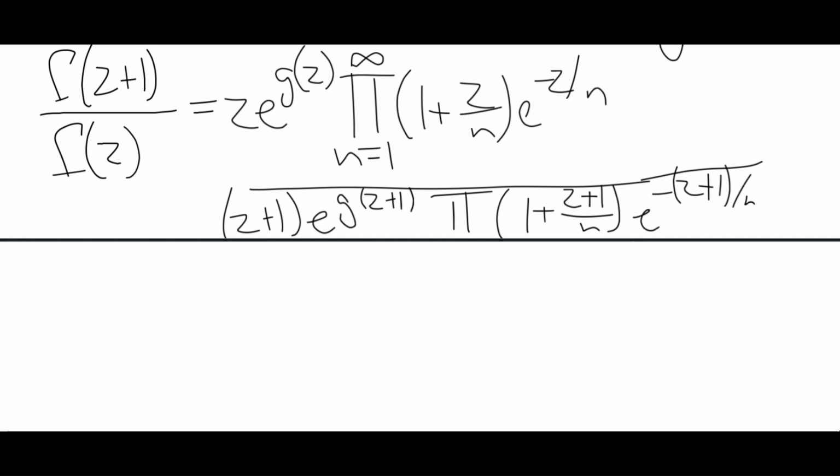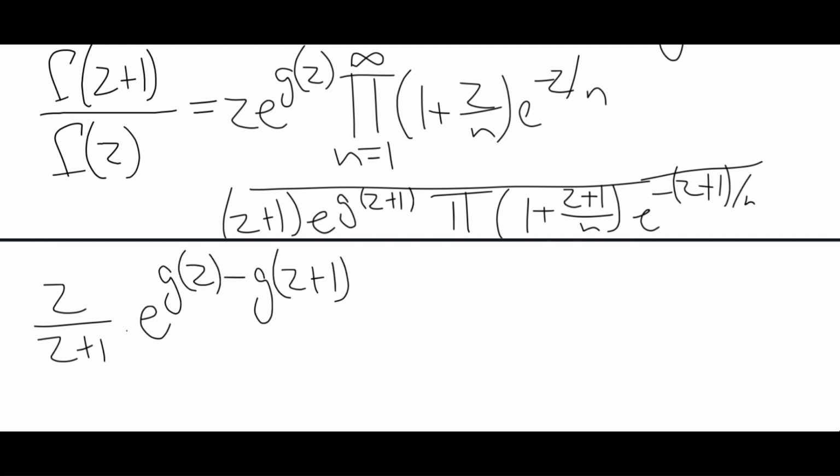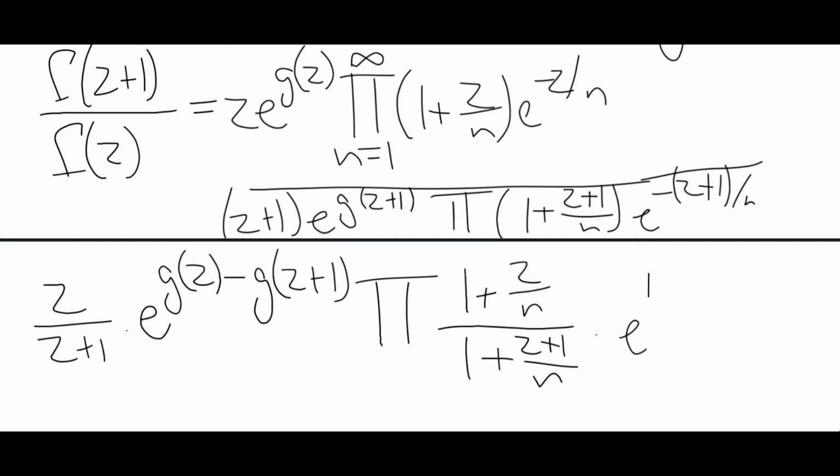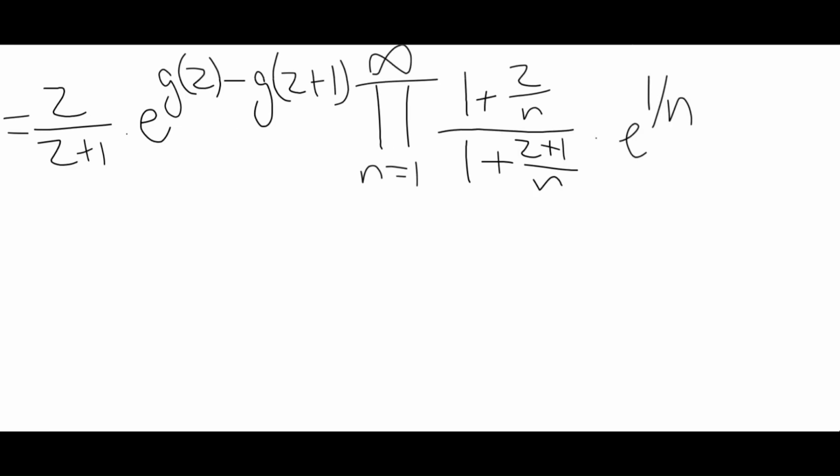So we'll end up with z over z plus 1 times e to the g of z minus g of z plus 1. And then we have the product. Now it's 1 plus z over n over 1 plus z plus 1 over n times e to the 1 over n. Now that still looks bad, but we can do some more simplification.